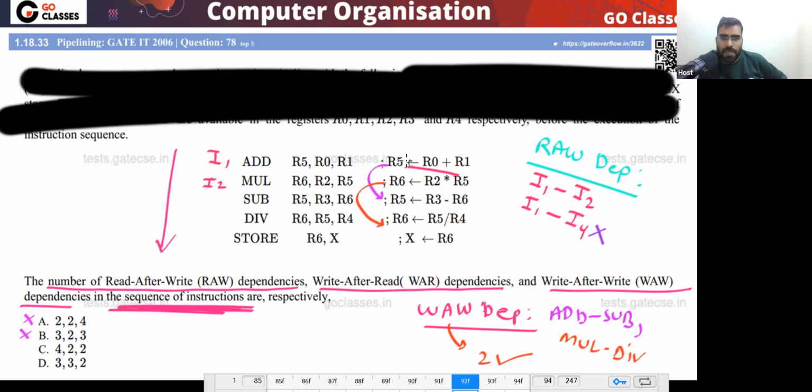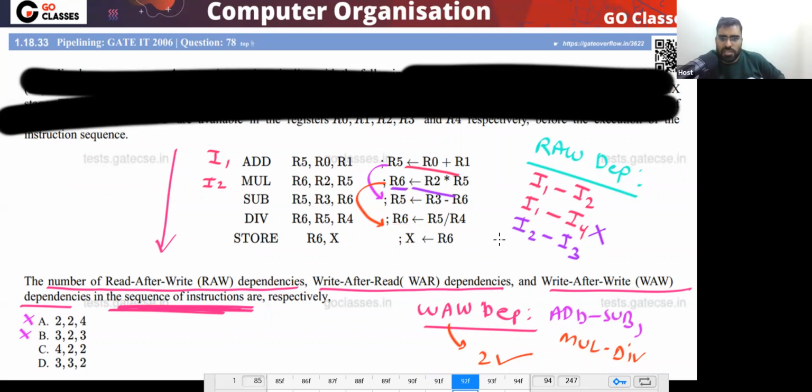But from the R6 point of view, there is a dependency from I2 to I3. Is this RAW? No, because we are writing R6 in between.